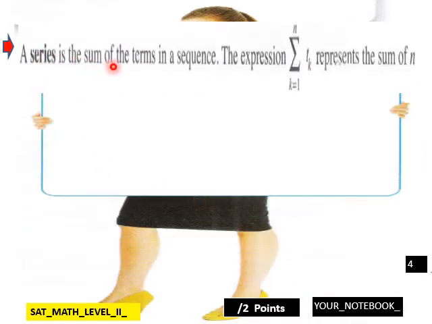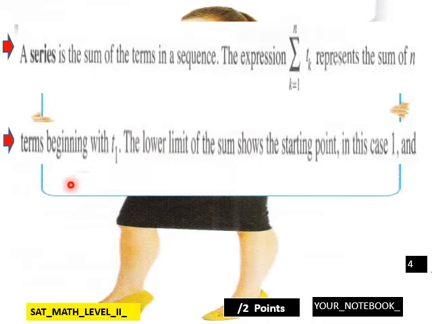A series is the sum of the terms in a sequence. So a series is a sum. It's not the sequence. A sequence just lays out the numbers from its formula. The expression of summation of n, with i equals 1, t sub k represents the sum of n terms beginning with term 1.